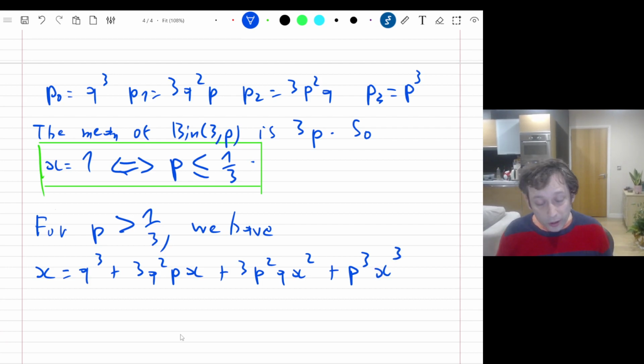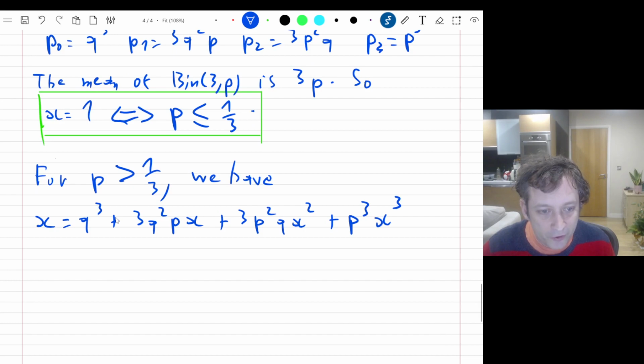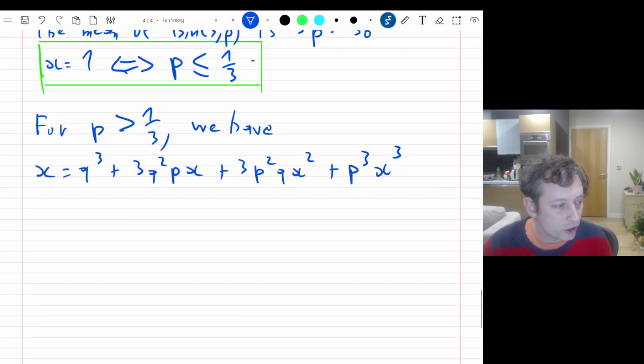Now, okay, this is a polynomial. We know more or less how to solve these equations, right? We know how to do them in degree 2 because it's the quadratic formula. Here, this is degree 3, so maybe it's a bit harder, but we'll see that we're going to be fine. The first thing to do when there's a polynomial is really just write it as a polynomial of x equals 0.